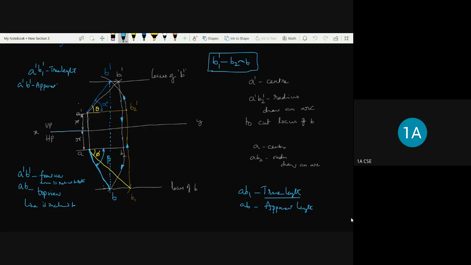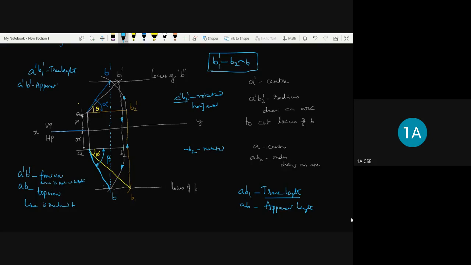What we have done is merge the cases where the line is inclined to one reference plane and parallel to the other, taken for both HP and VP. Then we rotated the horizontal line: A dash B dash is rotated to A dash B2 dash, which is a horizontal line, and AB2 is also rotated about A, which is also horizontal.